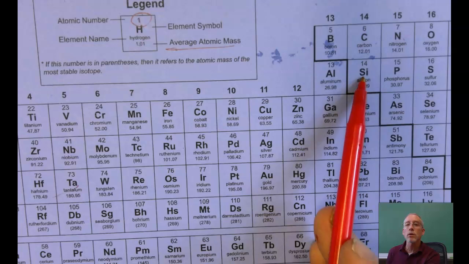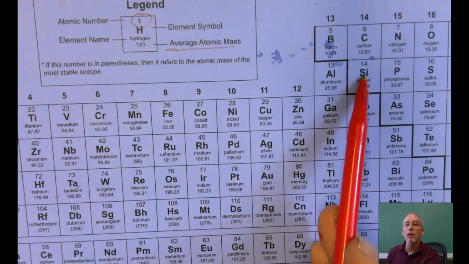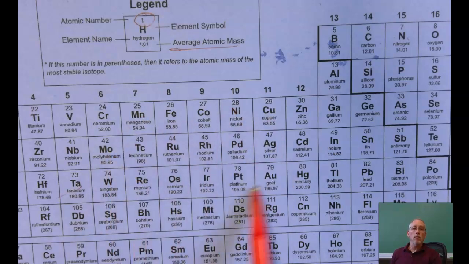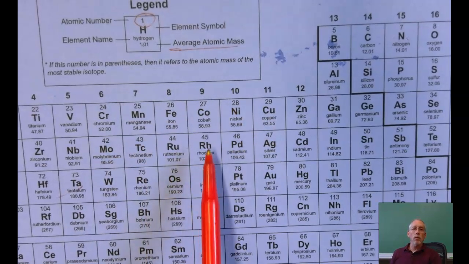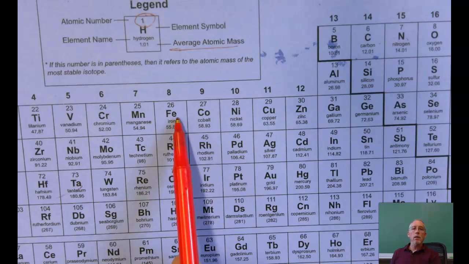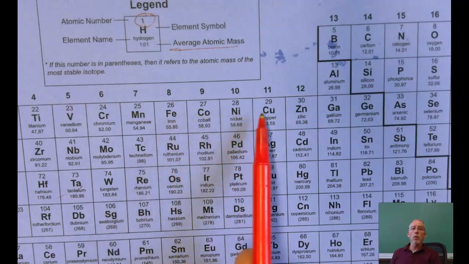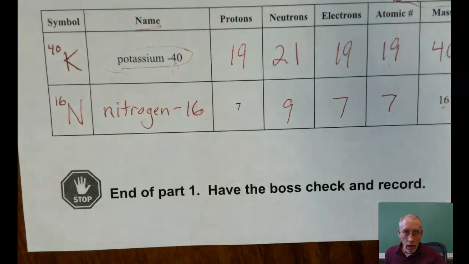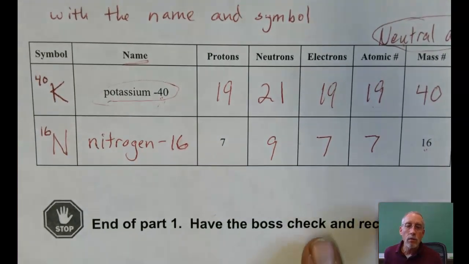The second letter, here's silicon with S and then a lowercase I. A bunch of these here in the middle, these have 2 letters as well. That second letter is always the lowercase one, but the first letter is always capitalized. Okay, so just a little detail that's important. In science, a lot of the details are important.